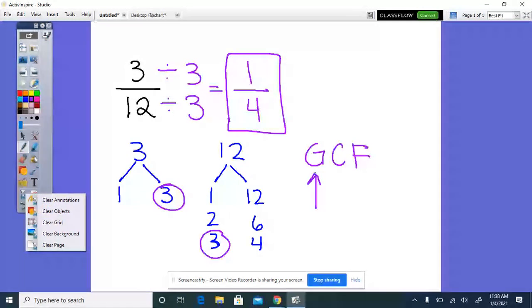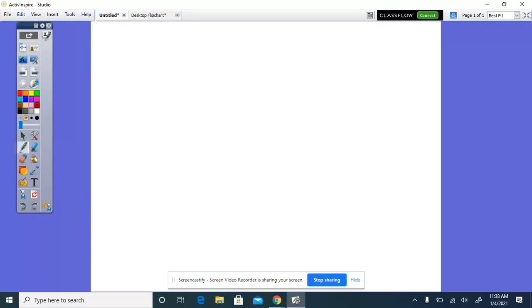So let's look at another example. Working with a little bit bigger numbers here, but that's no issue. We know our multiplication facts, so we are all set.